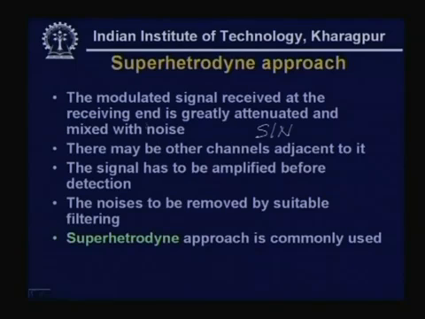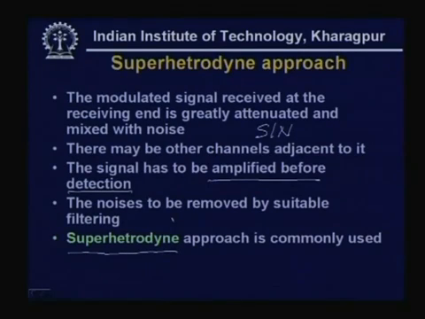So, whenever the signal is highly attenuated and you have many channels adjacent to it, the signal has to be amplified before you can do detection, and the noises are to be removed by suitable filtering. For this purpose, one approach that is commonly followed is known as the super heterodyne approach.